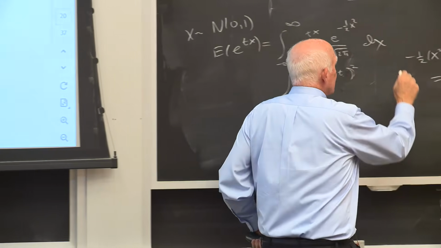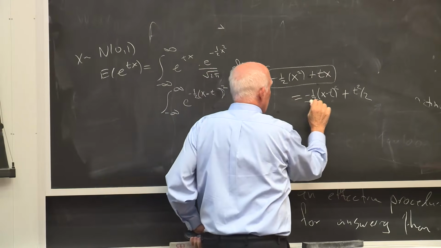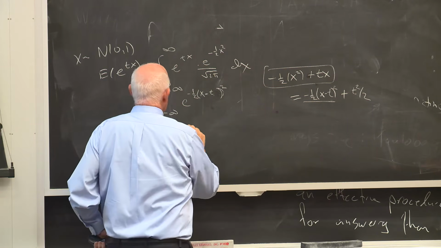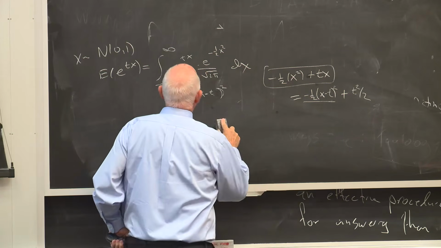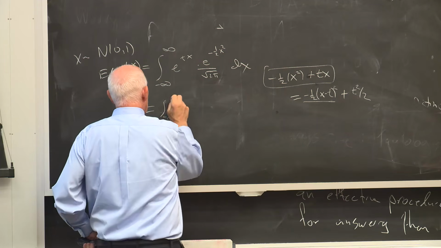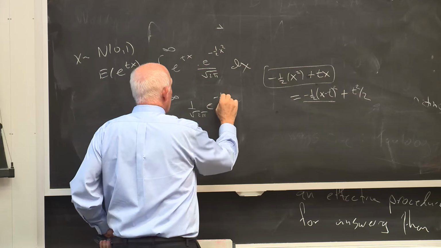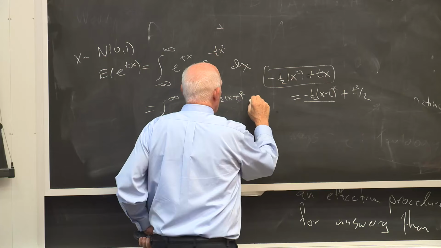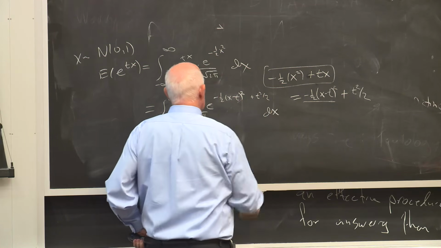So the exponent of the exponential can be rewritten this way. So this is equal to the integral from minus infinity to infinity of 1 over root 2 pi times e to the minus 1/2 (x minus t) squared, and then plus t squared over 2, dx.